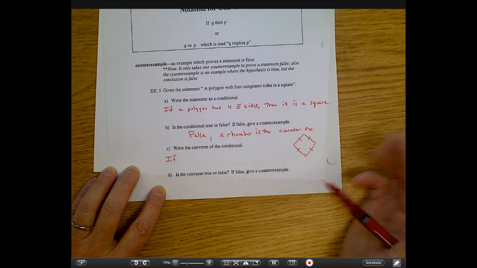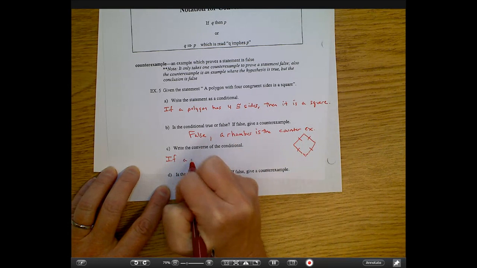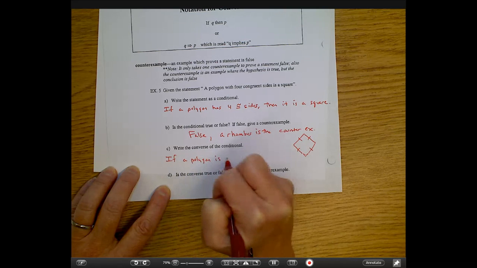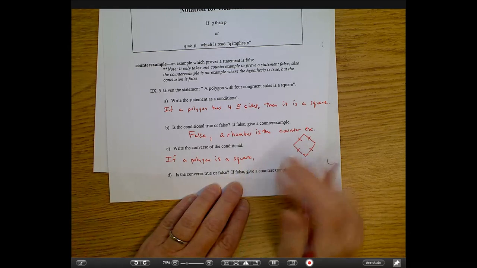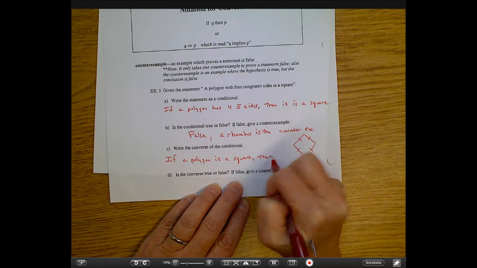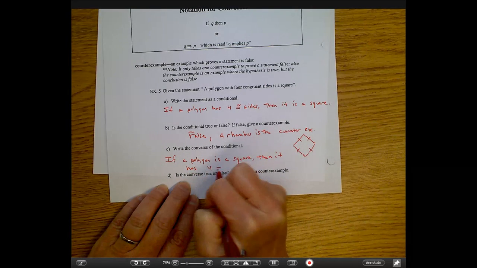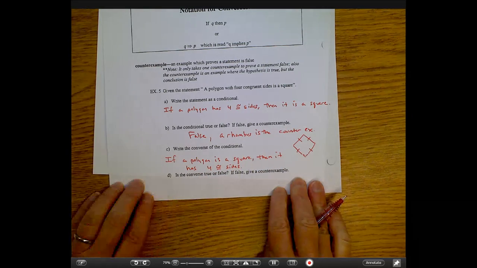It's just better to put the word polygon with the concept of square. And remember, try to abbreviate as much as possible.